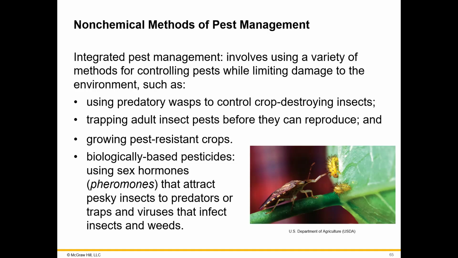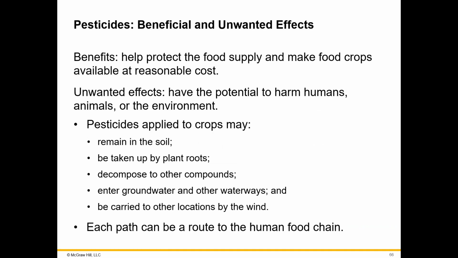So using natural predatory insects, using crop rotation, pest-resistant crops, and that kind of thing for helping reduce the need for pesticides. GMO foods have come a long way in that, but there again, GMO, genetically modified, there's good and bad with that as well. And I think we talked about that in an earlier chapter.